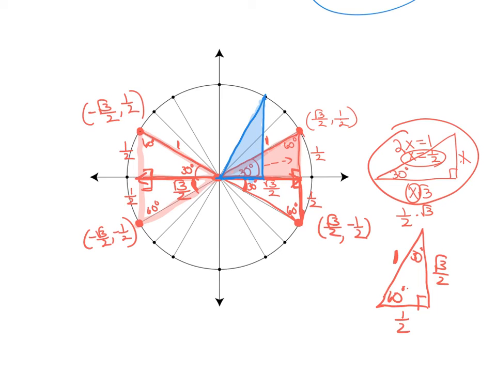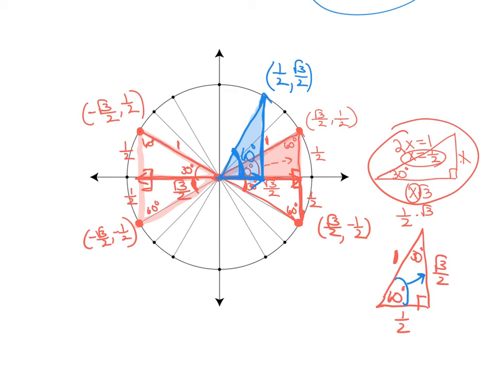So now that central angle here is 60. That's the larger of the two acute angles, right? 60 is larger than 30. So opposite that is going to be the larger side. So that's why now we're going up root 3 over 2. So that's your y value, which means you're going right 1/2.